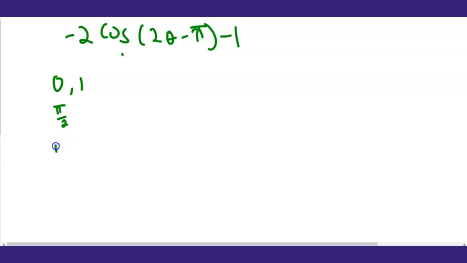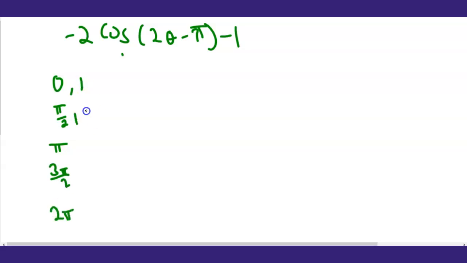So that equation is negative 2 cosine of 2 theta minus pi, minus 1. And again, those 5 critical points for cosine are 0, pi over 2, pi, 3 pi over 2, and 2 pi.